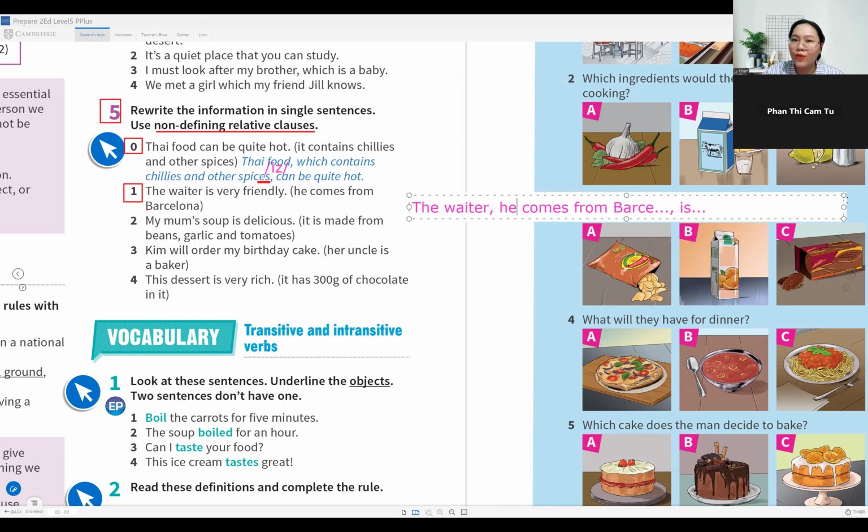So we need to change he into who, because we are using the relative clause. Who here refers to he and the waiter. So is that okay with the change here? It's not he, it's who.